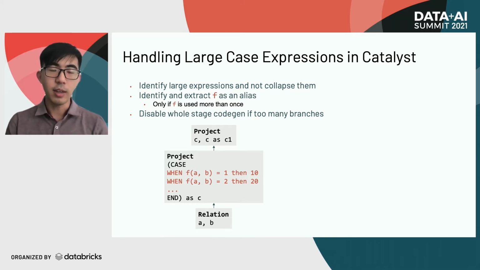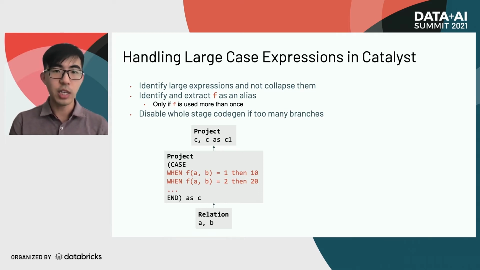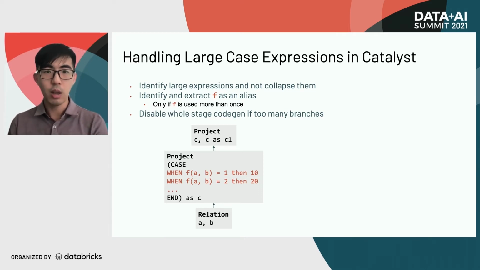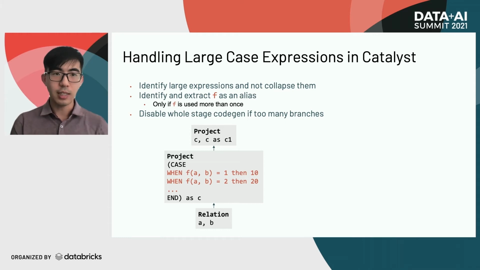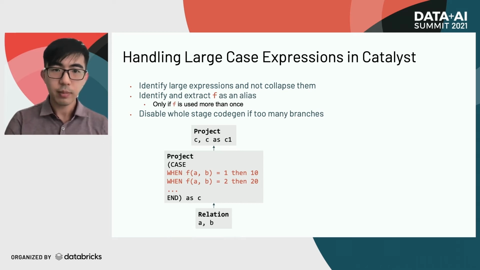Secondly, we identify these functions that are shared between different when branches. And if it's used more than once, we will extract it. And we do this during Catalyst time. So when we generate from analyzed plan to optimized plan, we generate a plan like this, so that the entire plan is sort of skinny as it goes through physical plan generation.